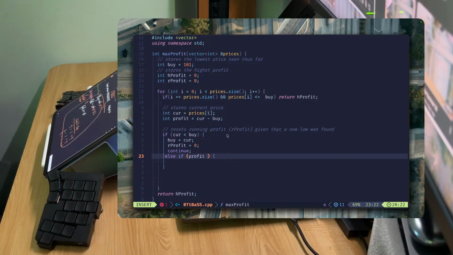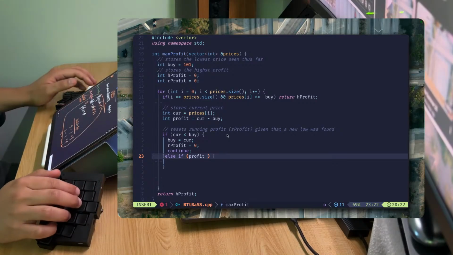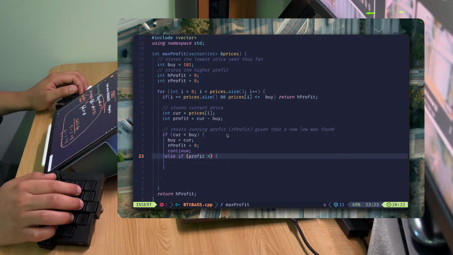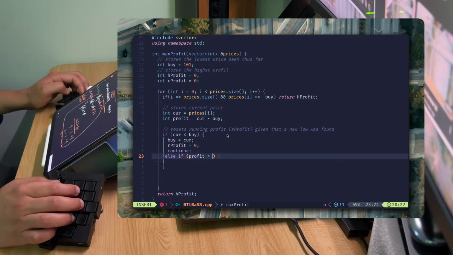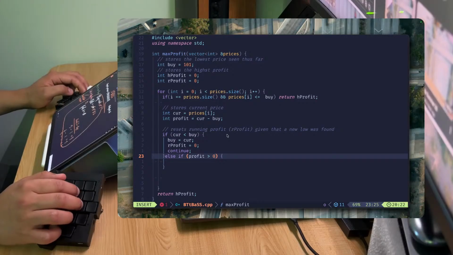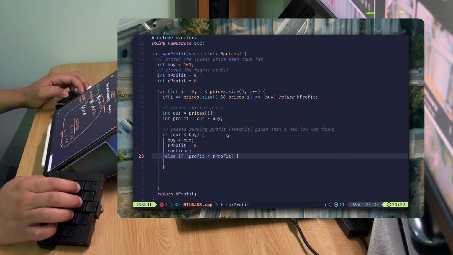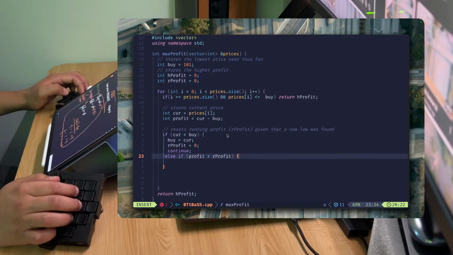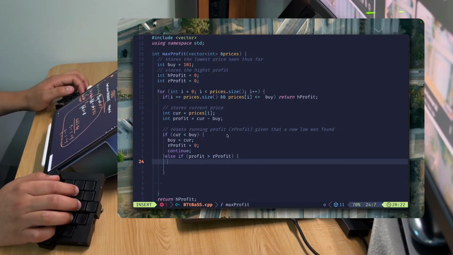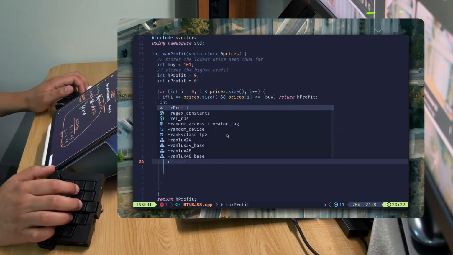I'm just gonna write it how I whiteboarded it. So if profit is greater than running profit, and we'll update running profit.